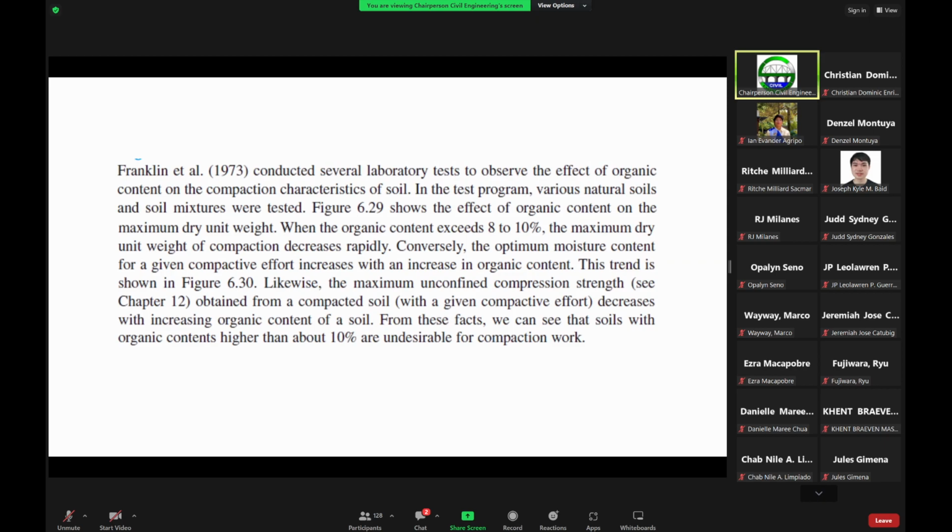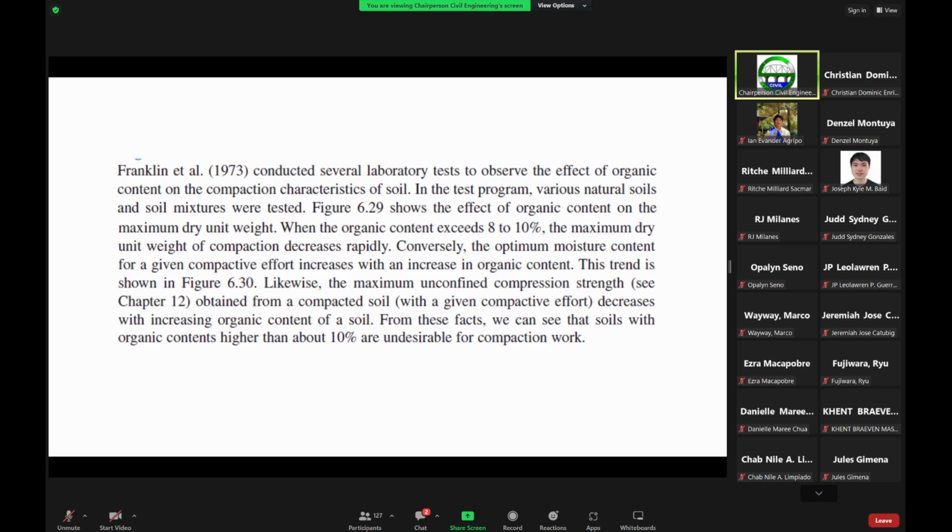Aside from that, the maximum unconfined compression strength, which we will discuss later when we go to shear strength of soils, obtained from a compacted soil with a given compactive effort also decreases with an increasing organic content of a soil.